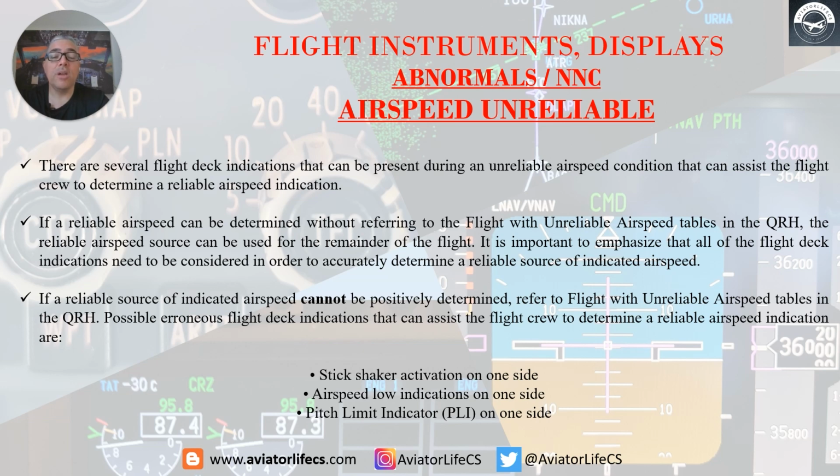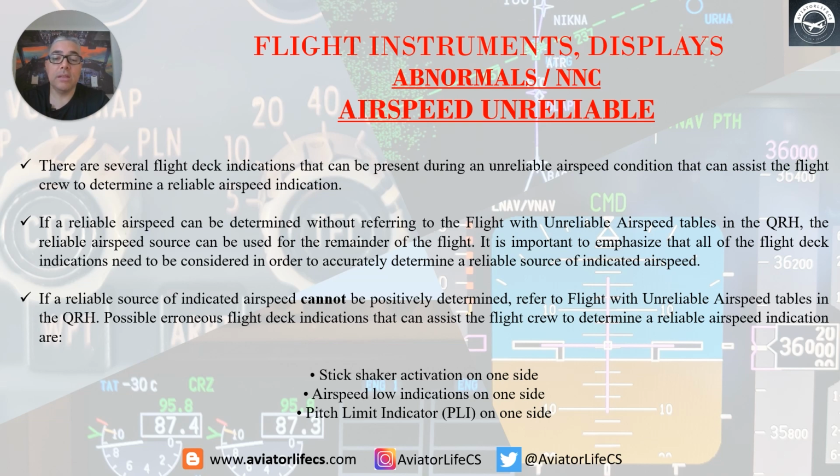It is important to emphasize that all of the flight deck indications need to be considered in order to accurately determine a reliable source of indicated airspeed. If a reliable source of indicated airspeed cannot be determined, refer to flight with unreliable airspeed tables in the QRH.